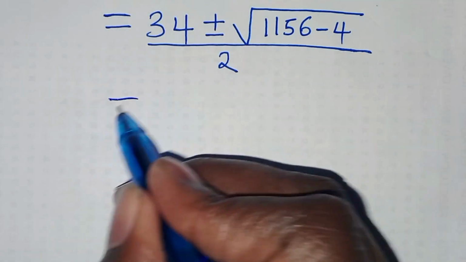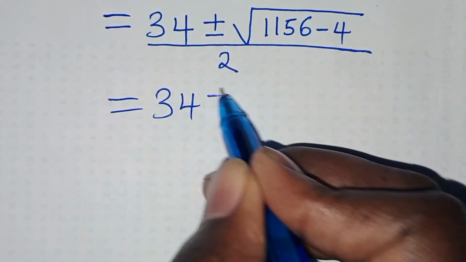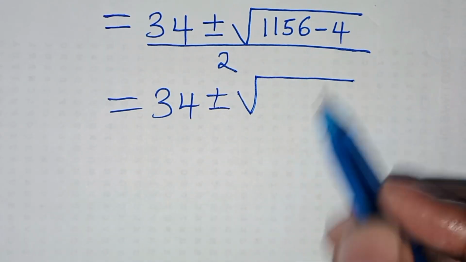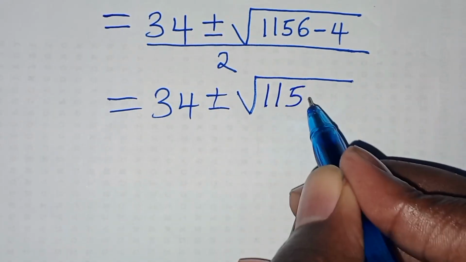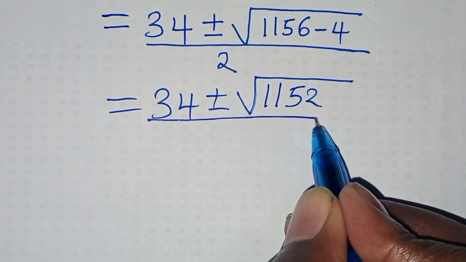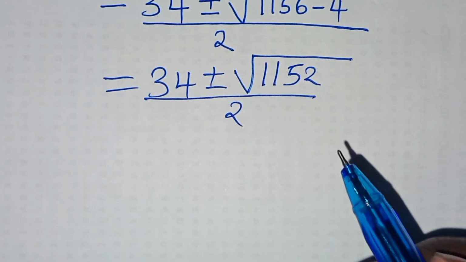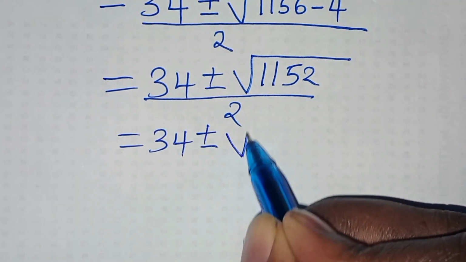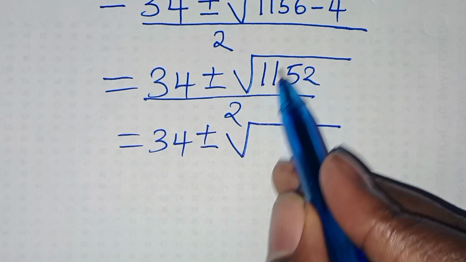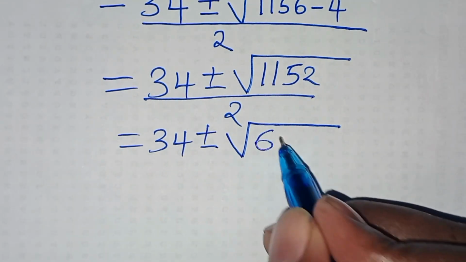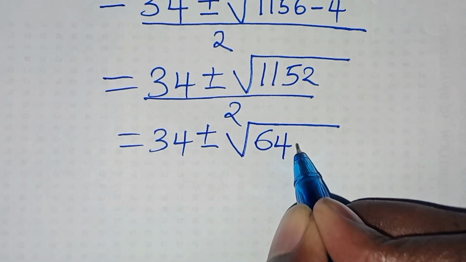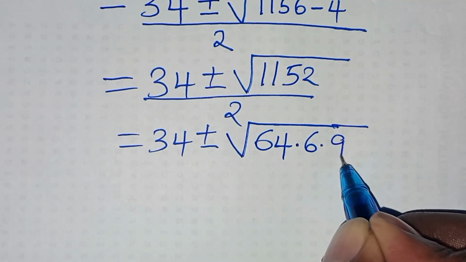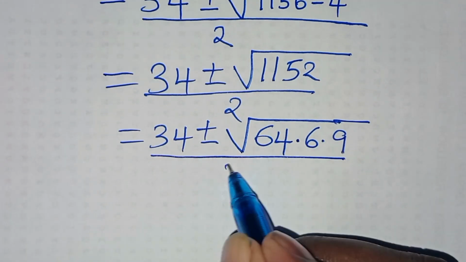So this is equal to 34 plus or minus the square root of 1156 minus 4, which is 1152, divided by 2. We can express the square root of 1152 as the square root of 64 multiplied by 9 multiplied by 2, all divided by 2.